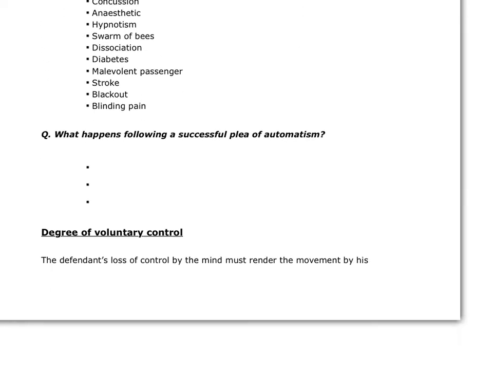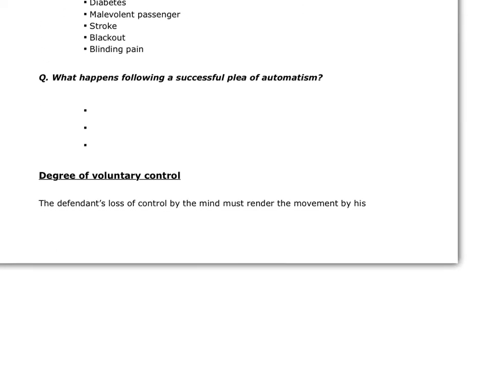Okay, finally on the intro, what happens where automatism succeeds? Predominantly, and this is not always, because self-induced is a separate category, but for normal automatism, D will be acquitted because D is deemed to not be at fault.